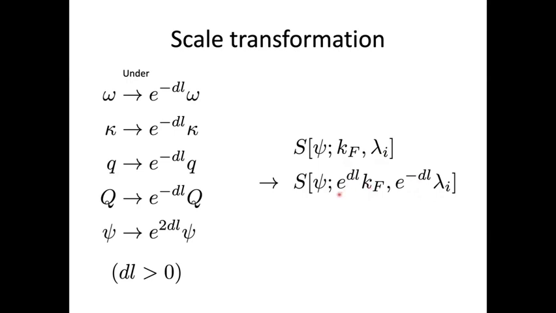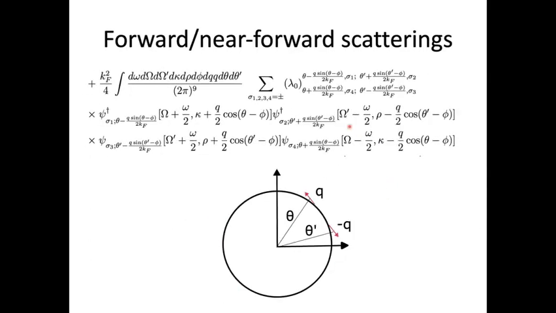Okay, so where does this flow of KF come from? It comes from the fact that, when an electron at angle theta absorbs momentum q, its angle changes by order of q over KF, right?